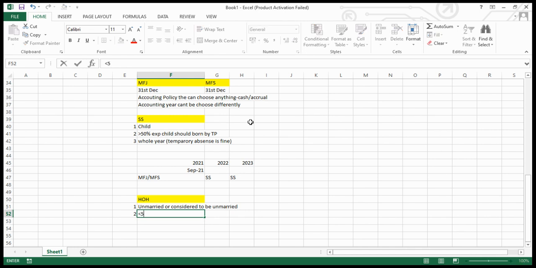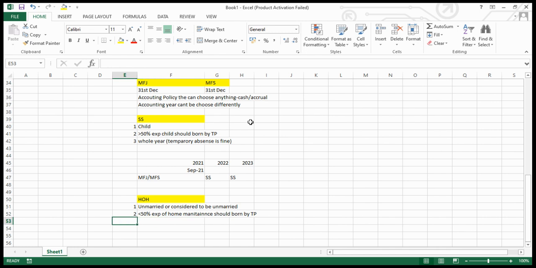More than 50% of the expenditure of home maintenance should be borne by the taxpayer. So in that case, we will make it head of the household. The abbreviation HOH is head of the household. He should bear 50% of the expenditure of the home. Then we will call it head.